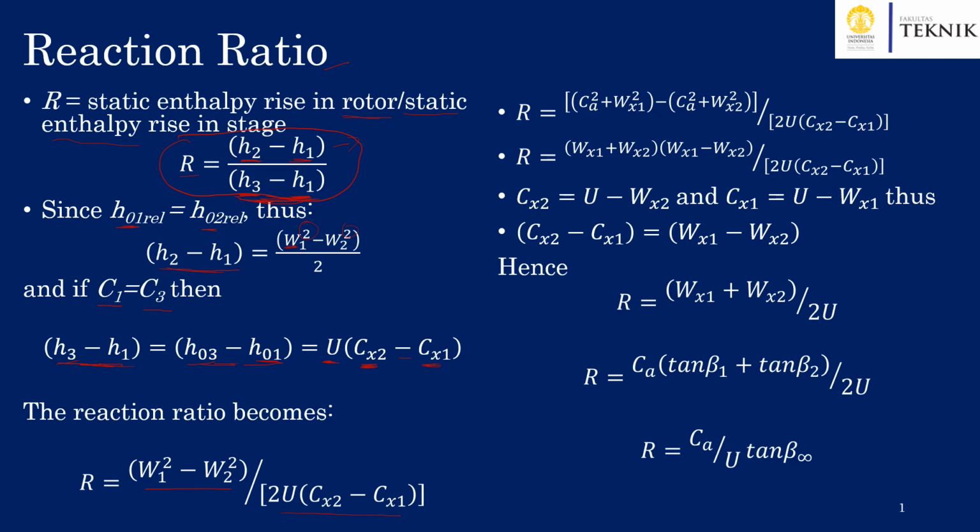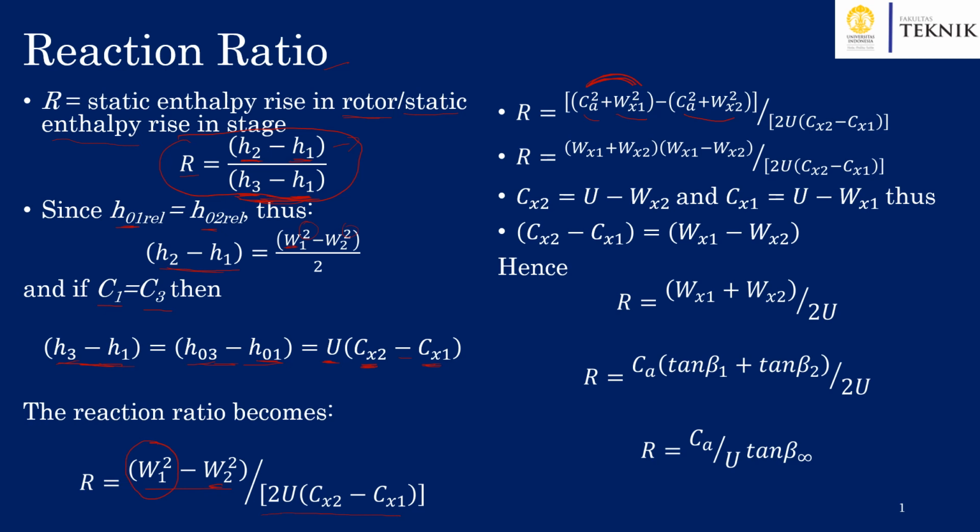If we look back at the velocity triangle, the relative velocity at point 1, or the inlet of the rotor, we can write down as a function of the axial velocity plus the tangential component of the relative velocity. So W1 squared is a function of CA squared plus WX1 squared. This is at the inlet. And W2 we can write down as CA to the power of 2 plus WX2 to the power of 2. This is the condition at the outlet of the rotor.